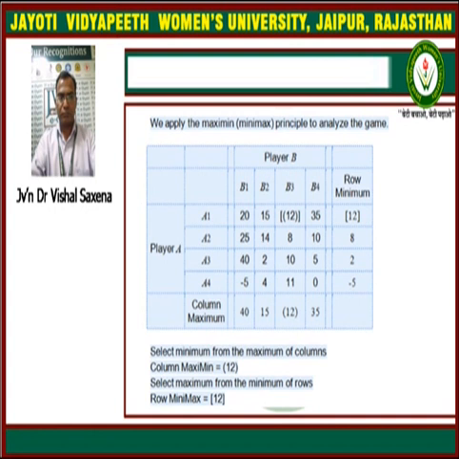So these are the row minimum values and the column maximum values, and according to this principle we now have to find the maximum of the row minimum values, which is called the maximin value, and this is here 12.